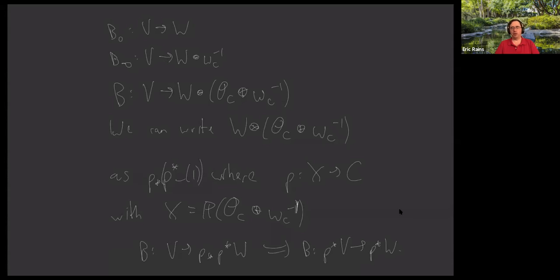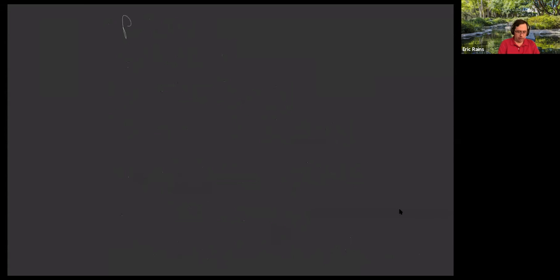We need to twist by the relative O of 1. Okay. And now again, I'm going to cheat and twist by a line bundle. And actually, let me, rather than say the relative O of minus 1, let me pick a section of my surface and actually twist by that divisor class. Okay, so this is what our matrix B is.